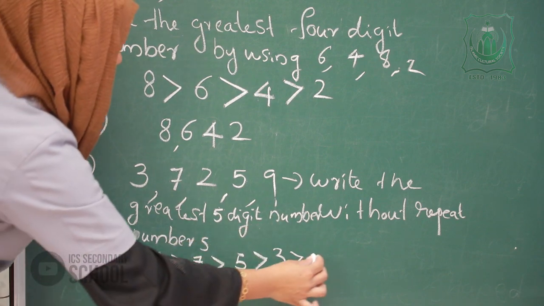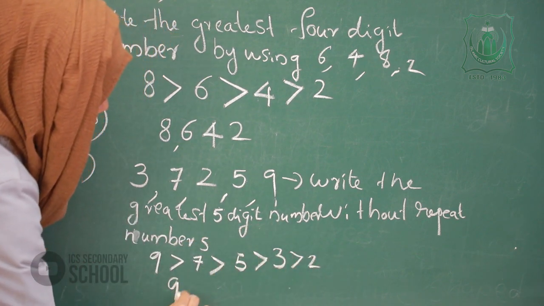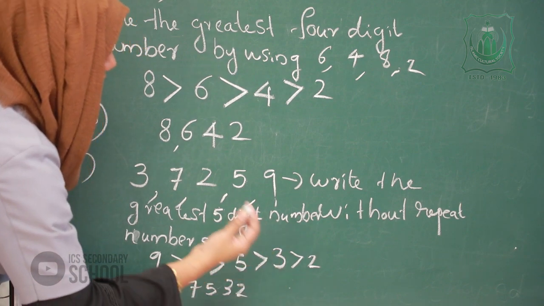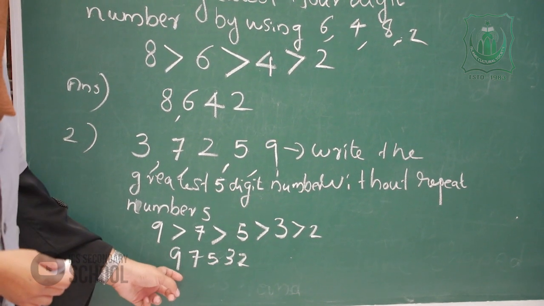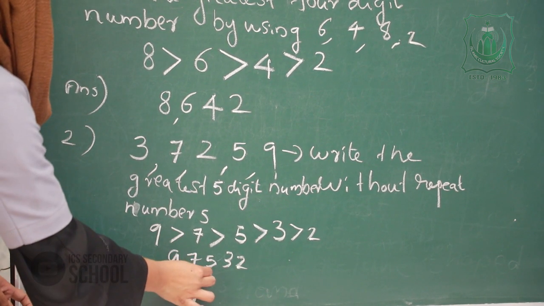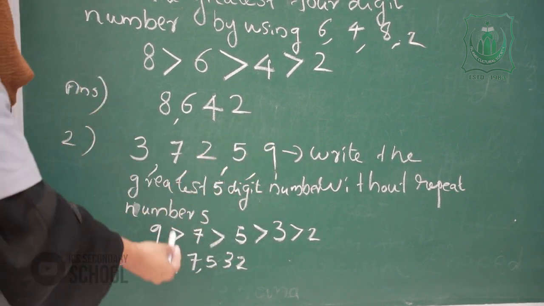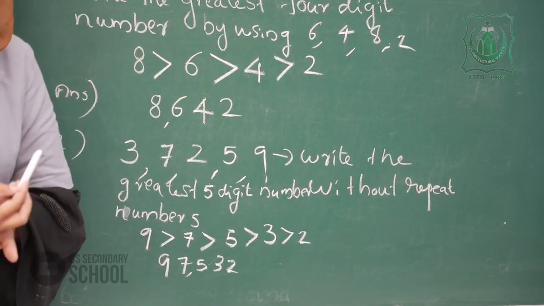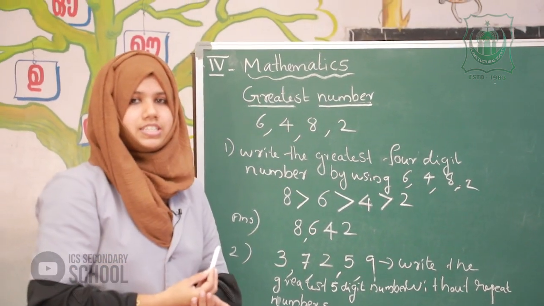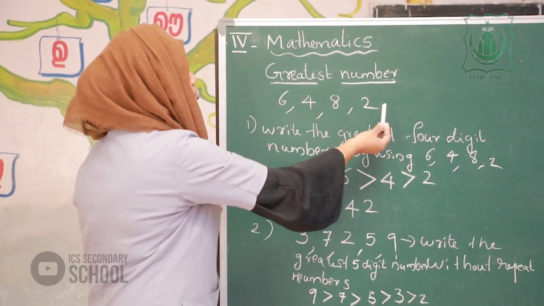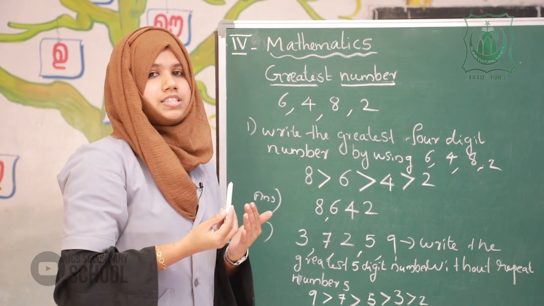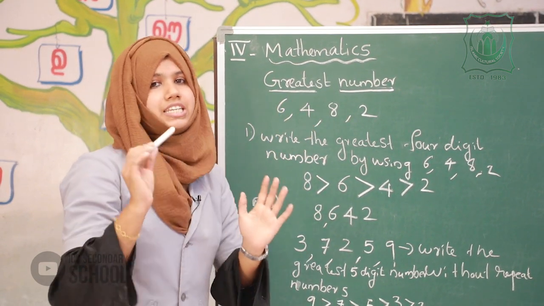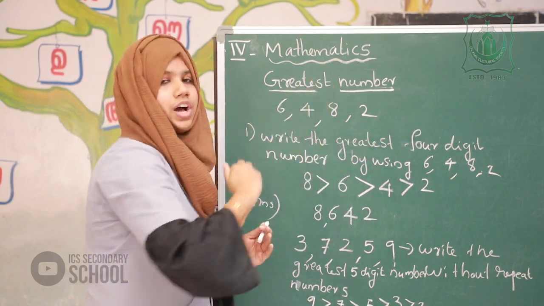So, this is the number we get: 97,532 is the greatest 5-digit number by using these numbers. Okay, you got the idea? So how to form the greatest number? Write the large or greatest digit first, then follow with the other numbers.